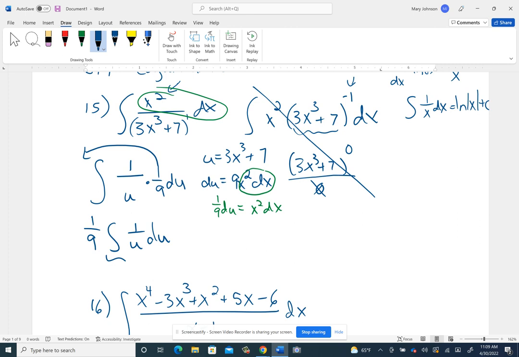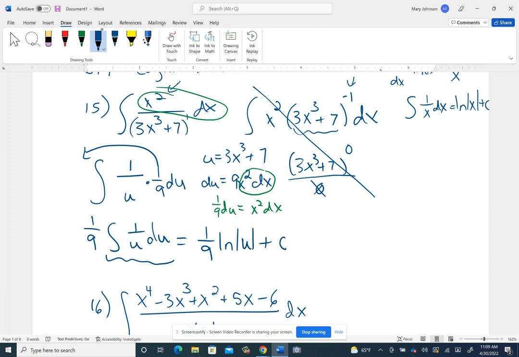And see, then I have this basic rule now that I'll follow that says the integral of 1 over u du would be the natural log of the absolute value of, oops, u should have said, absolute value of u plus c.